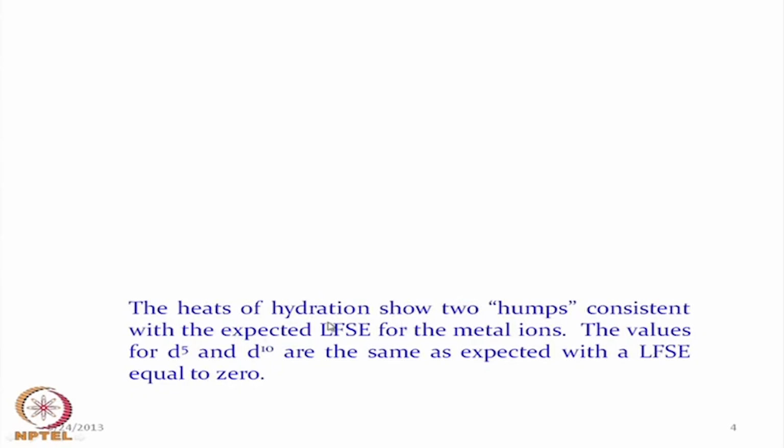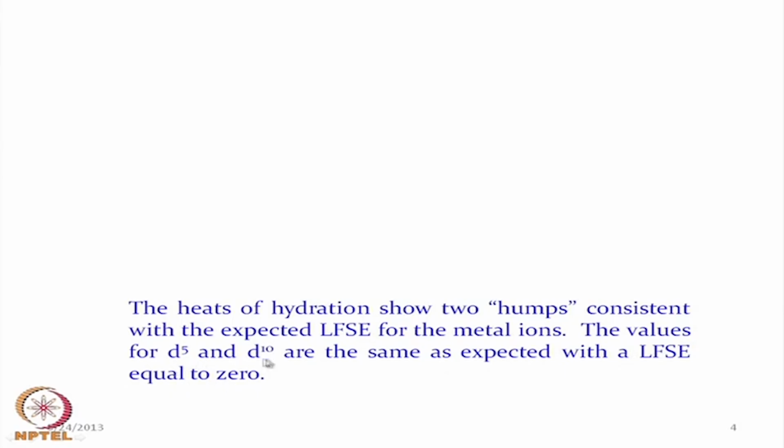When we see these heats of hydration, they show 2 humps, or double humps, again consistent with the expected CFSE of the metal ions. The values for d5 and d10 are the same as expected, with the CFSE equal to 0.